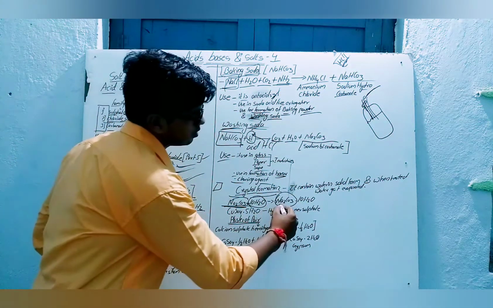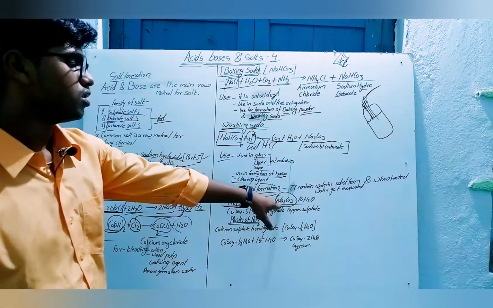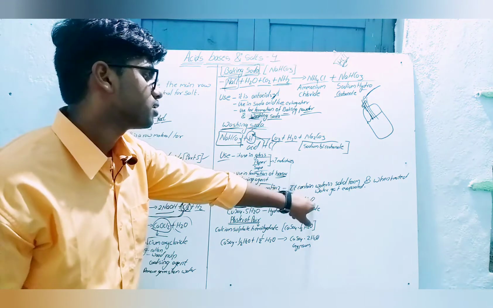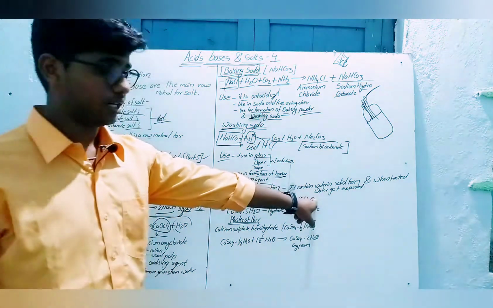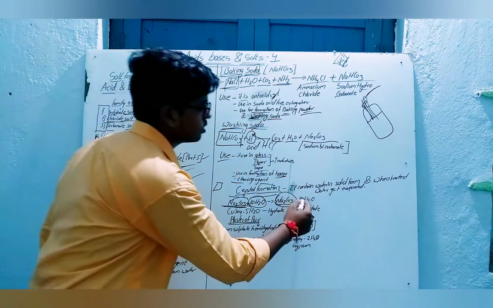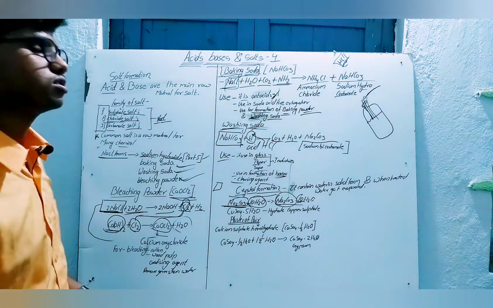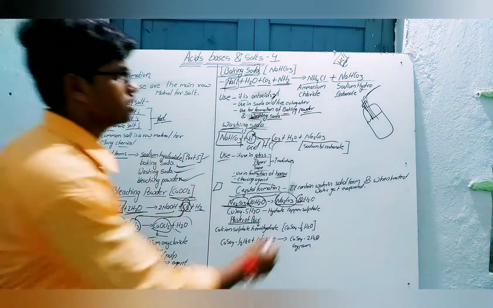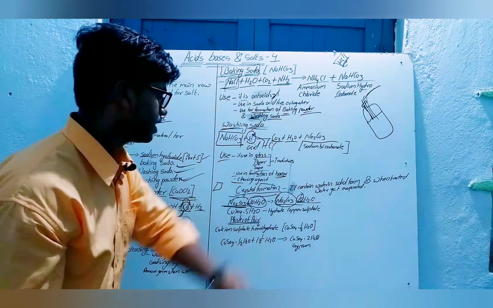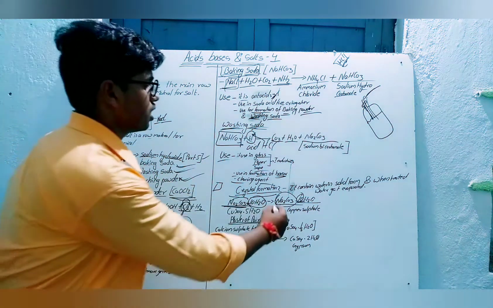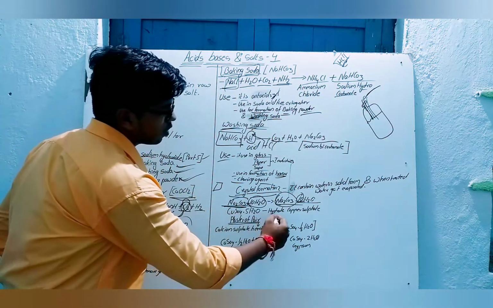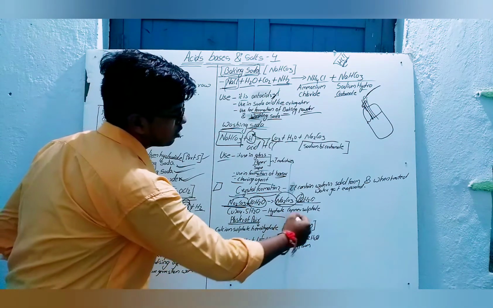So it will be converted into sodium carbonate decahydrate. It is known as decahydrate. Deca means 10, these are simple namings like nona, deca. So it is sodium carbonate decahydrate. This is the name of Na2CO3 into 10H2O.